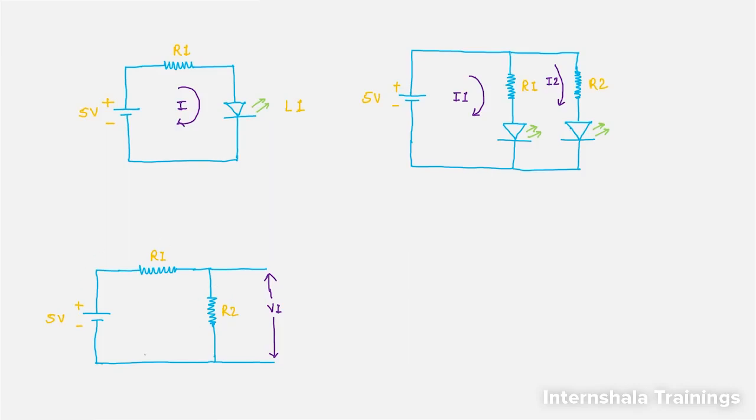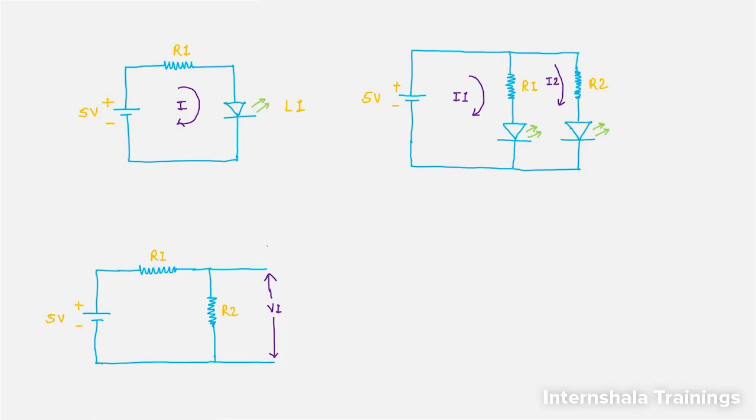Now where will you use this circuitry? In an op-amp, you have to provide a reference voltage, and that reference voltage can be any value based on the application you are dealing with. In that case, we set the reference voltage by using a suitable combination of resistors.